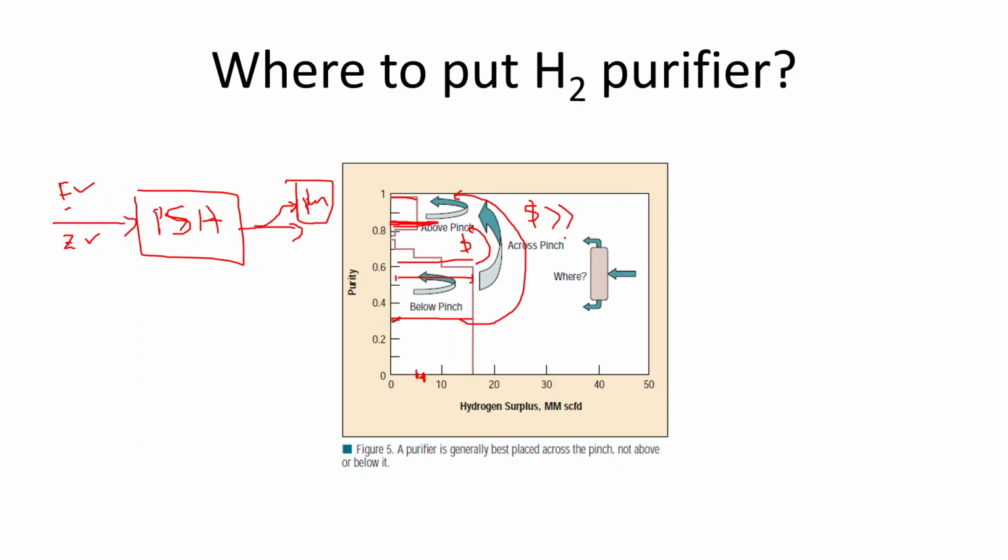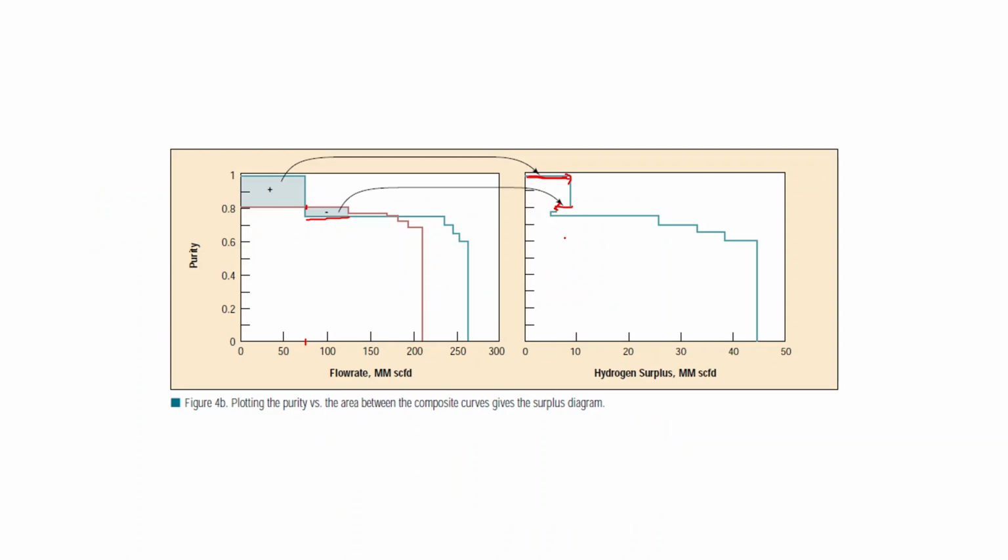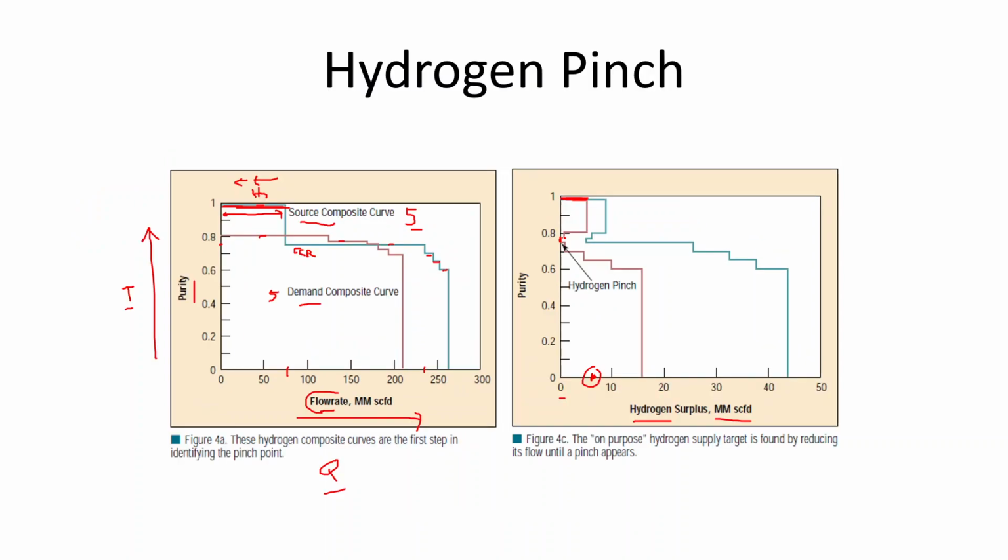Right. So this is the insight that you can use when answering the question, how big is the PSA, and from which to which concentration can we design the PSA. So again, before we go to the example, the goal of this hydrogen pinch in a nutshell is to know the minimum hydrogen that we require at a certain concentration.